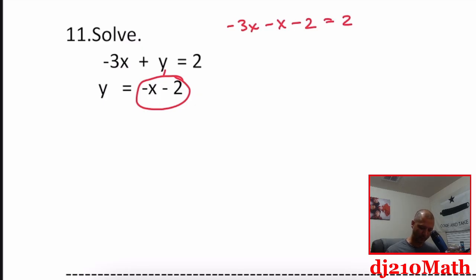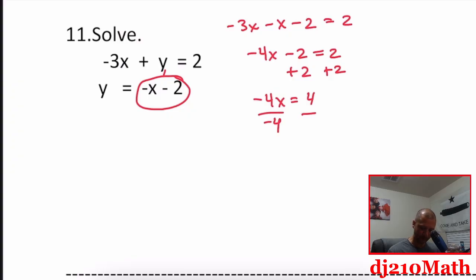Combining like terms, we get negative 4x, because negative 3 combined with negative x, minus 2 equals 2. So if we add 2, negative 4x is equal to 4 divided by negative 4. x is equal to negative 1.